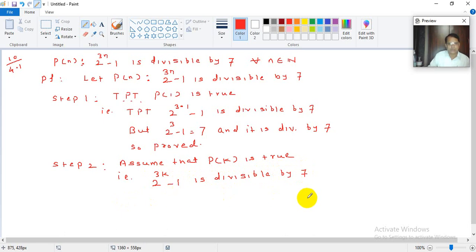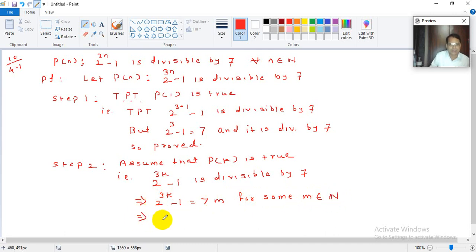But when you say 2 raised to 3k minus 1 is divisible by 7, what does that imply? That implies 2 raised to 3k minus 1 is equal to 7 into m for some m belonging to integers, or m belonging to N.